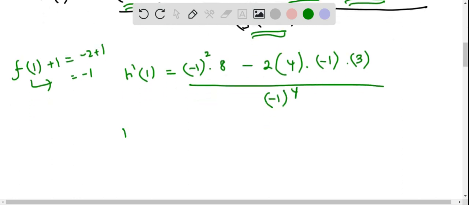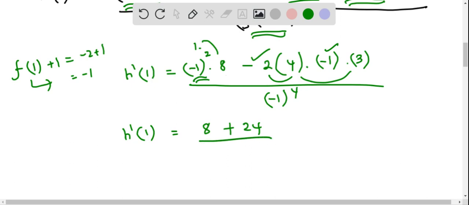So let's evaluate this. We have h prime of 1, and this equals negative 1 quantity squared, which is a positive 1, and 1 times 8 is 8. So I put 8 here. We have negative, and we also have negative, so the product of two negatives is positive. 2 times 4 is 8, and 8 times 3 is 24.